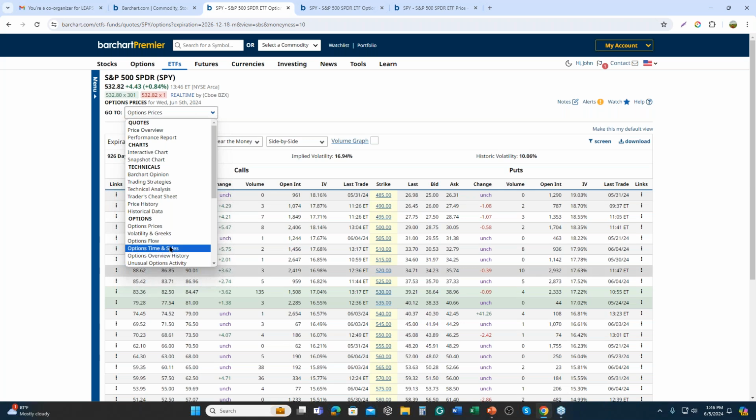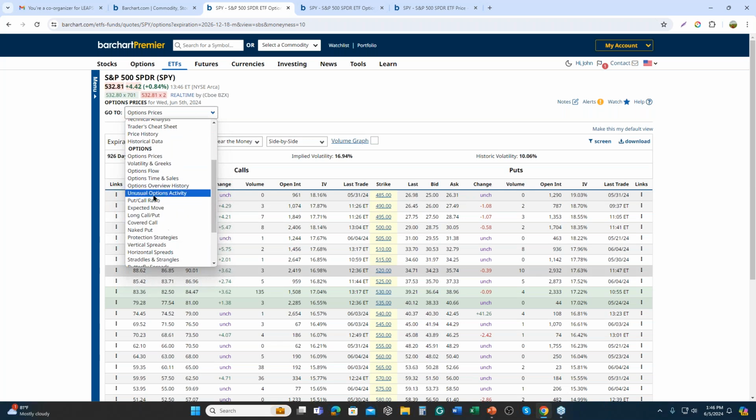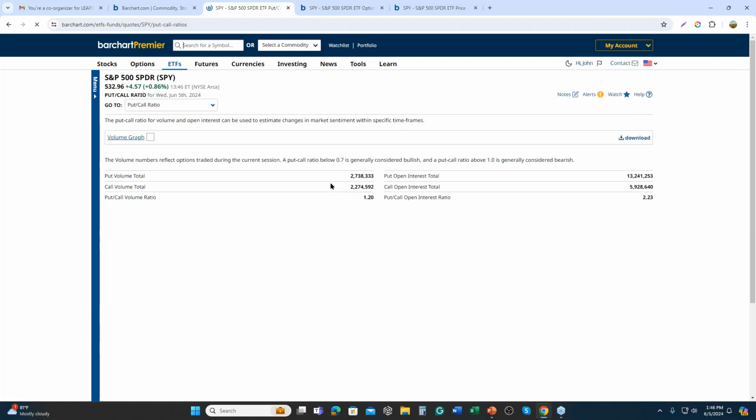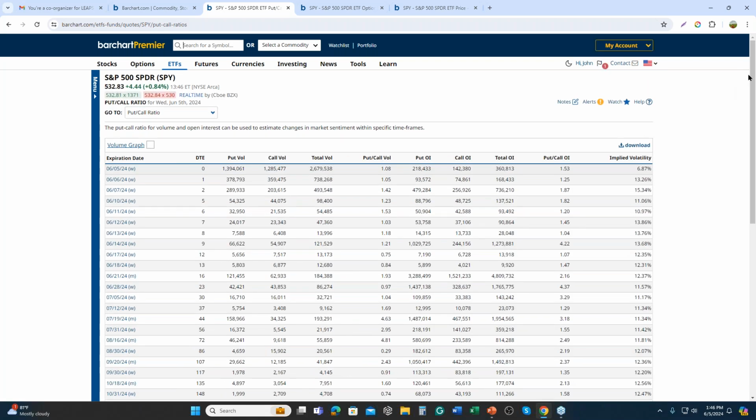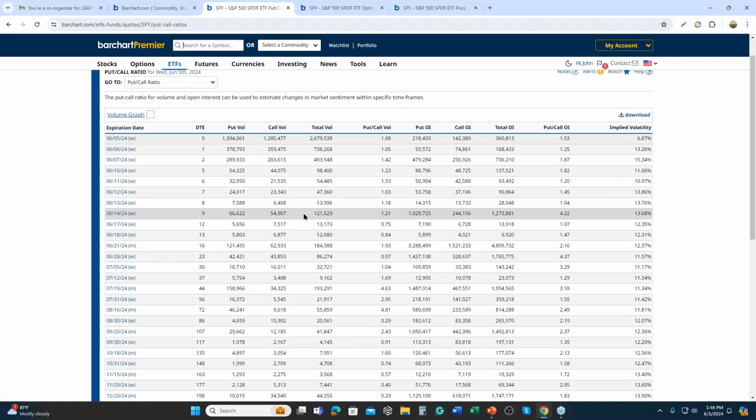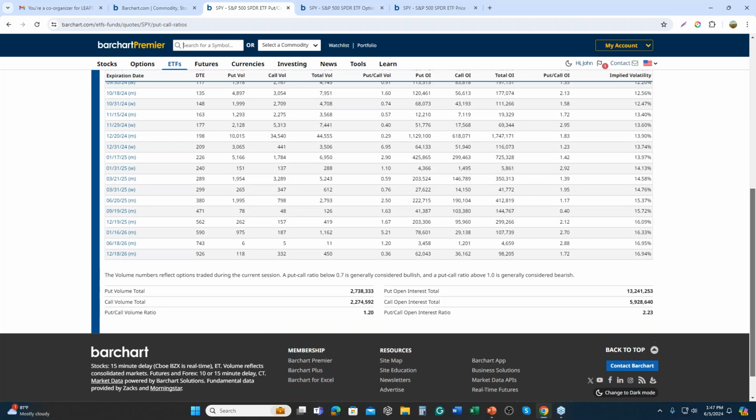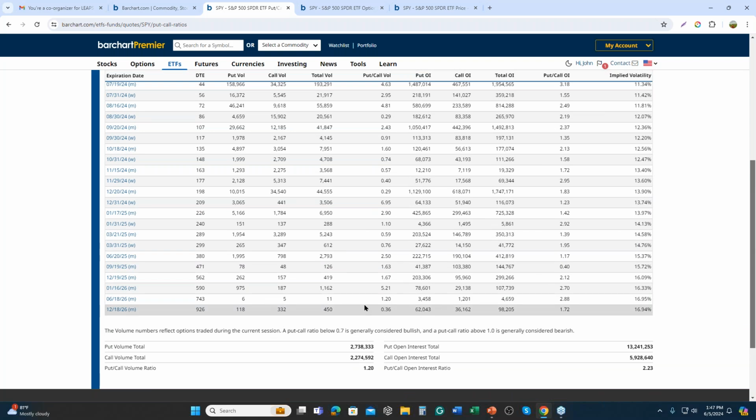So again, let me go to that put call ratio. You can see that there's a lot of volume and open interest in our shorter term options, but let's go out to the future. Here you can see 100,000s, 70,000, a couple thousand traded a day in this one.